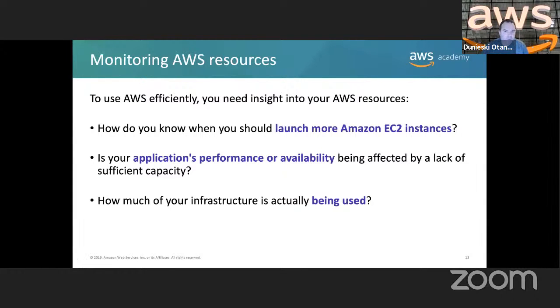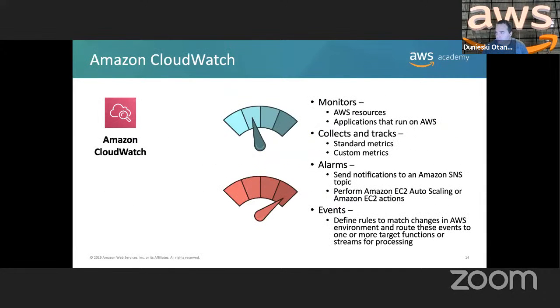How do you know when you should launch more instances? Is your application performance or availability being affected by a lack of sufficient capacity? How much of your infrastructure is actually being used? Those are the questions that you should ask when trying to architect in AWS.